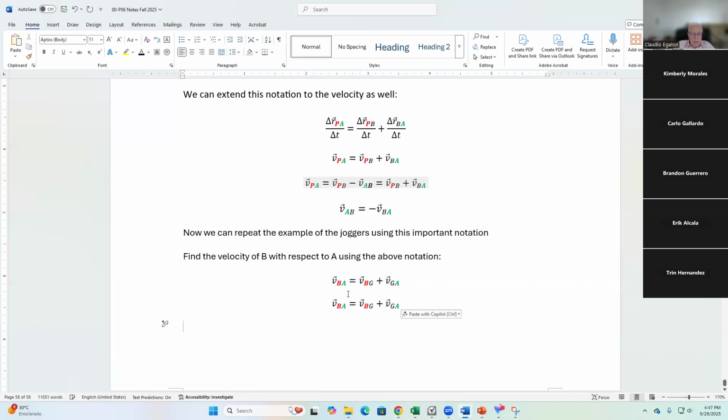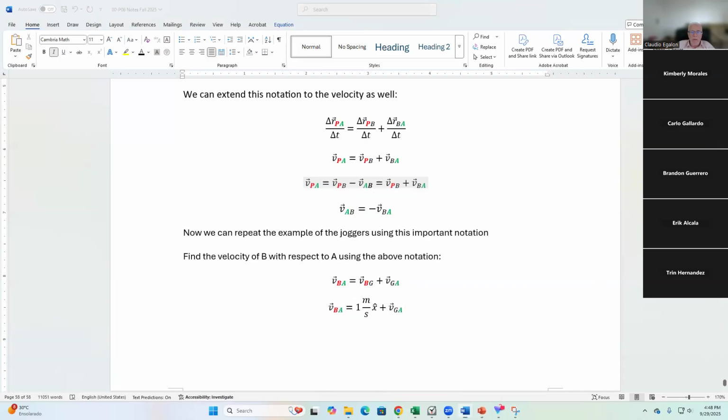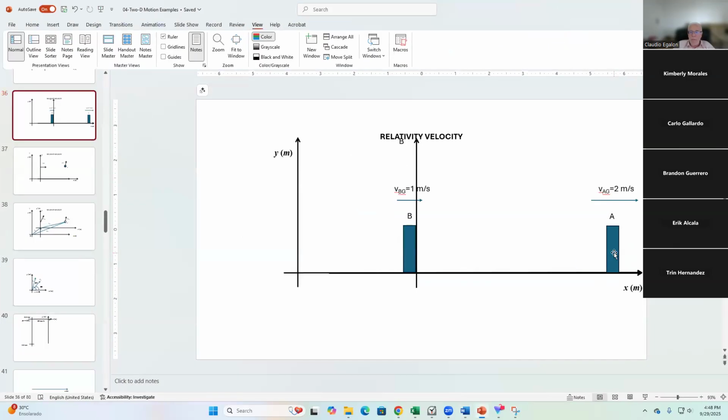Velocity of B with respect to the ground is going to be 1 meter per second in the positive x direction. Velocity of the ground with respect to A, the ground seems to be moving away as well, right?